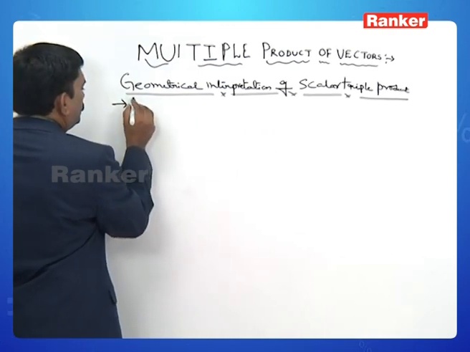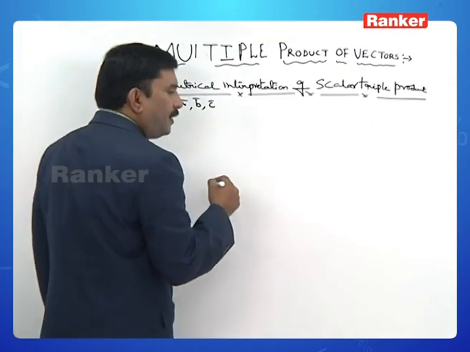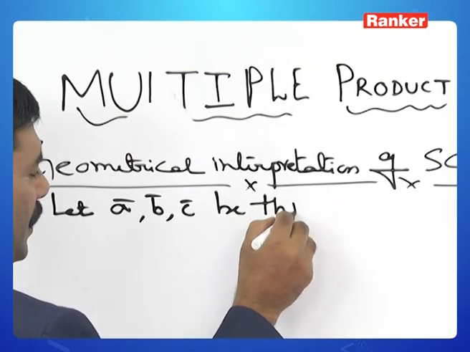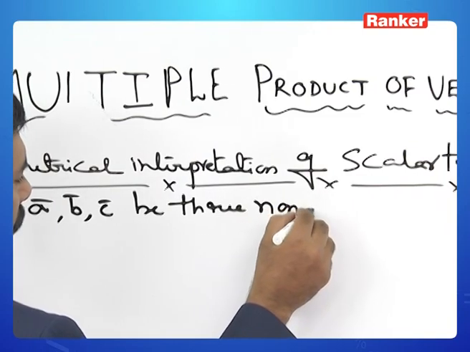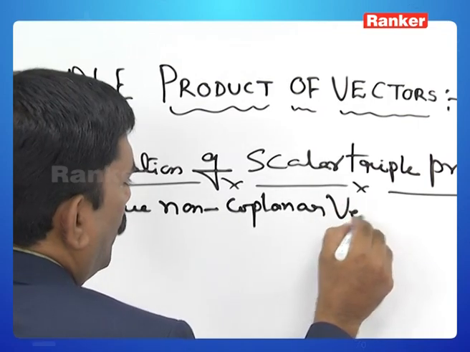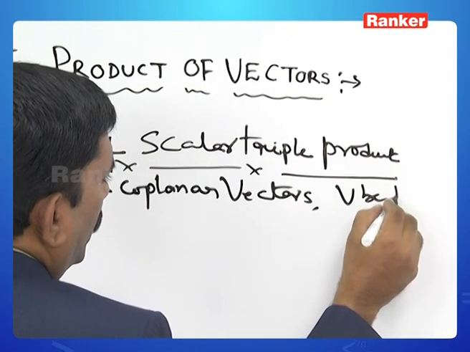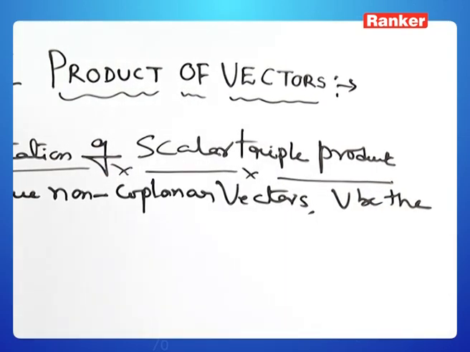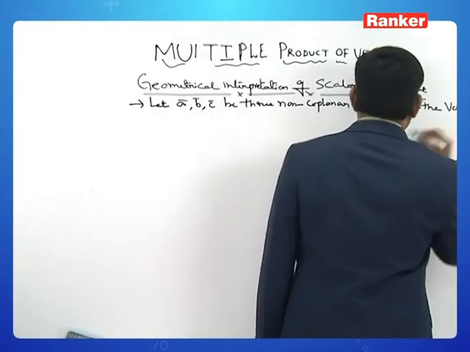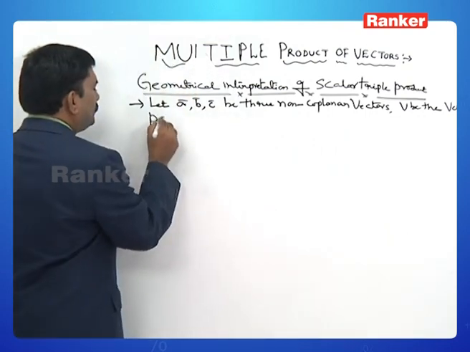What it says: let A bar, B bar, C bar be three non-coplanar vectors, and V be the volume of the parallelepiped.